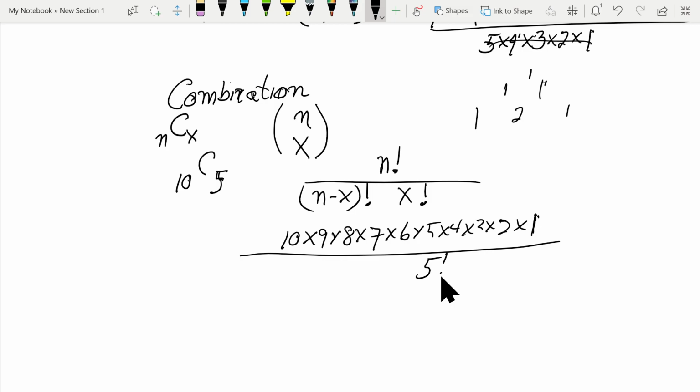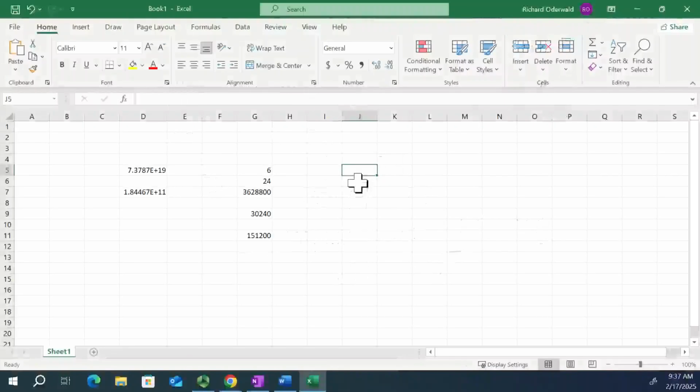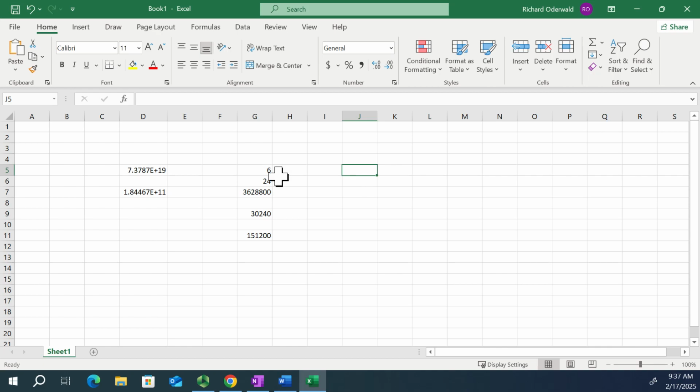That takes out that. And because I have x equal to 5, I have another 5 factorial. So this one takes out those. Then I can cancel things out of here. So if I want 10 things taken 5 at a time, order doesn't matter.